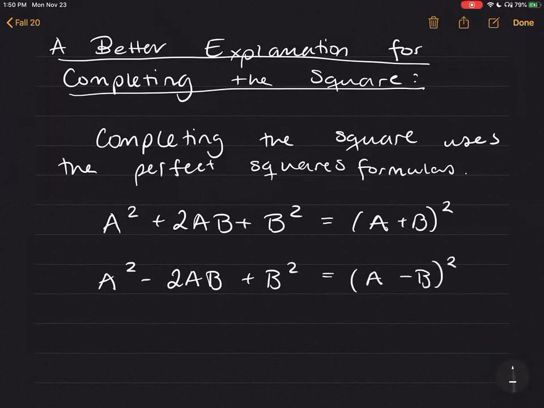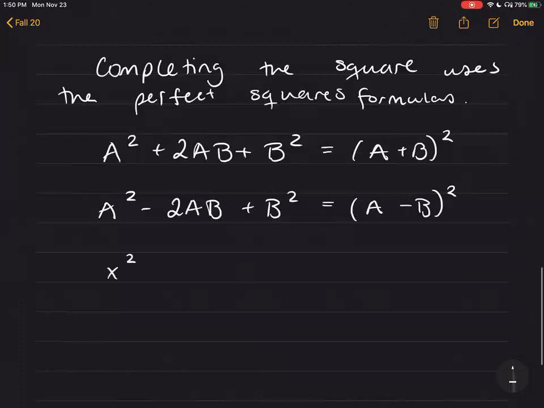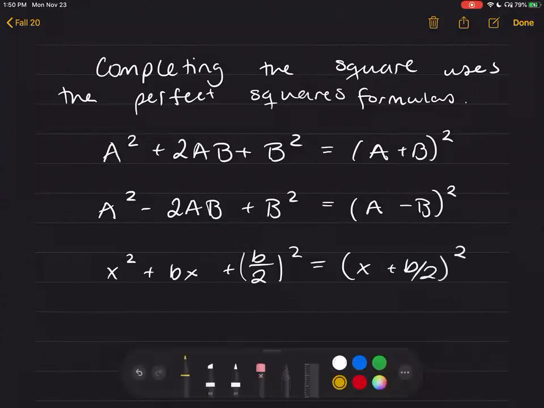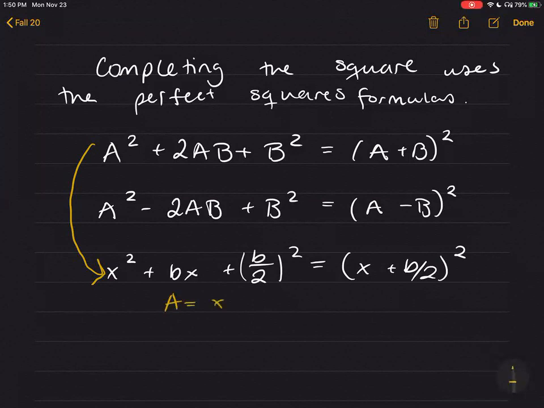And it's these that give us what I wrote down last time, which was this strange x squared plus bx plus b over 2 squared equals x plus b over 2, all squared. What I've actually done is I've used this first one, and I've let a equal x and big B equal b over 2.